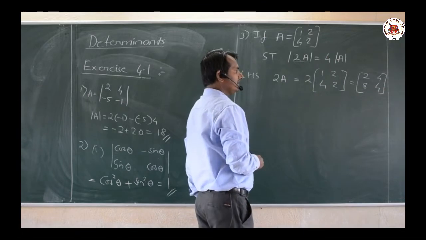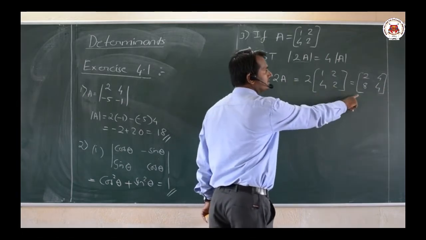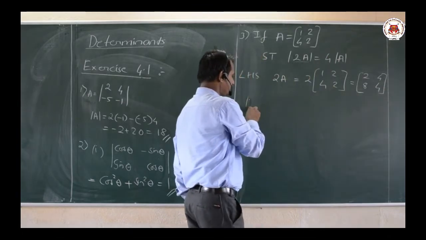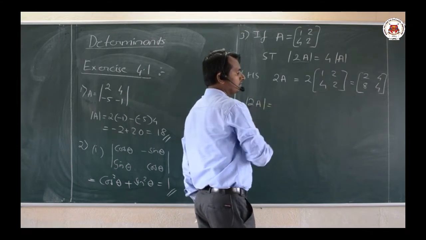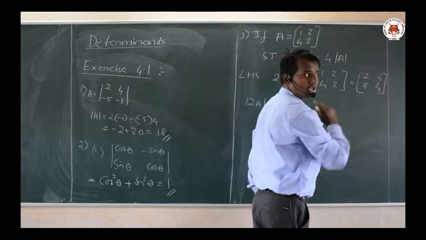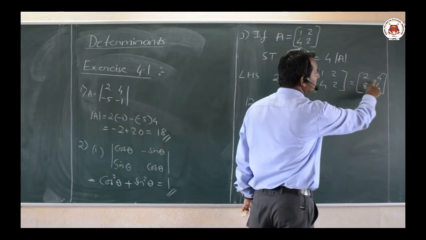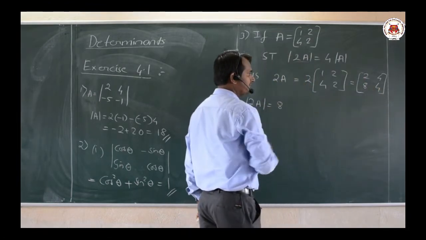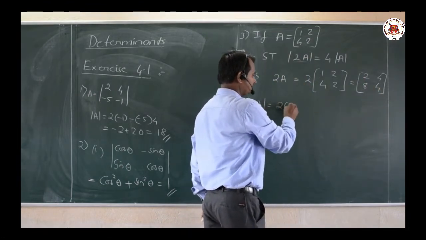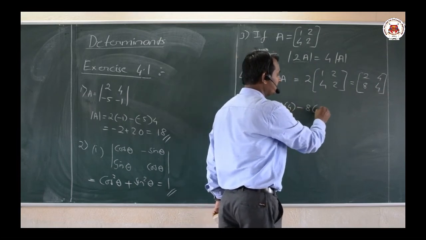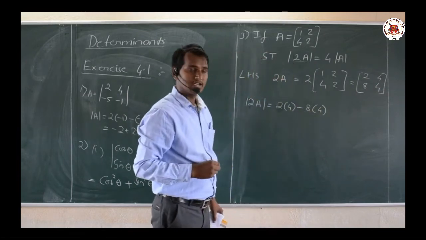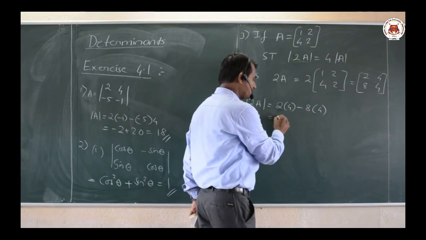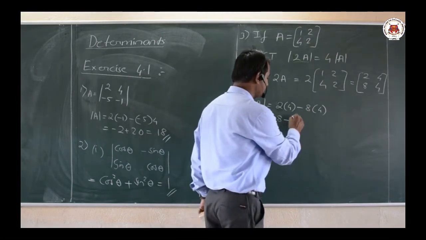Next, I will find the determinant of this 2A. Determinant of 2A equals, now I will find the determinant of this particular matrix: 2 fours are 8, that is 2 into 4, minus of 8 into 4. So 2 fours are 8, minus 8 fours are 32.